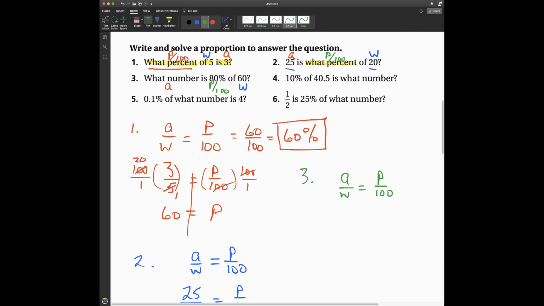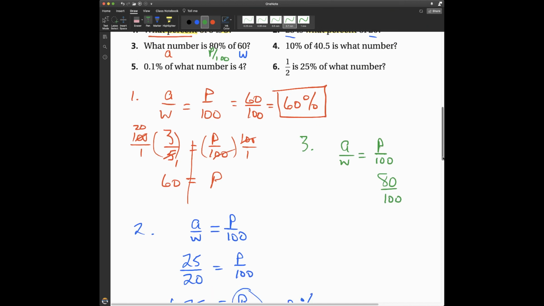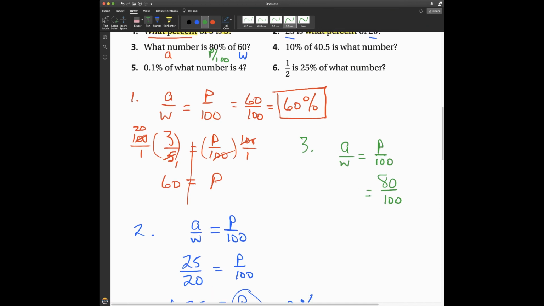I already know my percent. 80% written as a fraction is 80 over 100. And I'm looking for the part, which is A, and then the whole is 60. And how can we figure out this answer? Well, I can go back and use the multiplication property of equality. Multiply this side by 60.